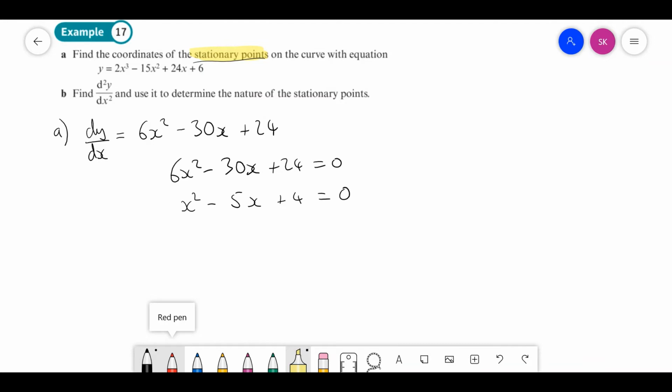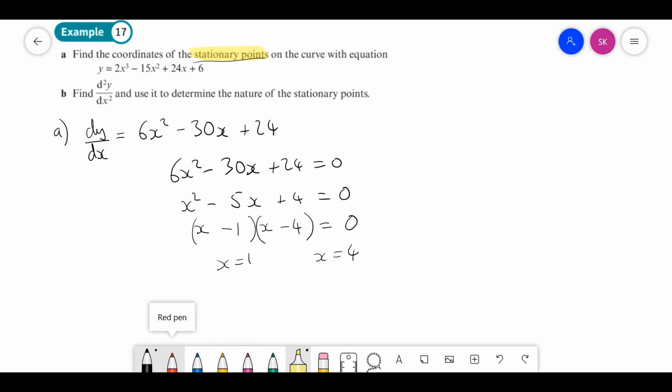I'm now going to factorize this. So I get minus 4 and minus 1. So therefore, x equals 1 and x equals 4. So that means there's going to be 2 stationary points on the curve with this equation. At the moment, I've found what x is.